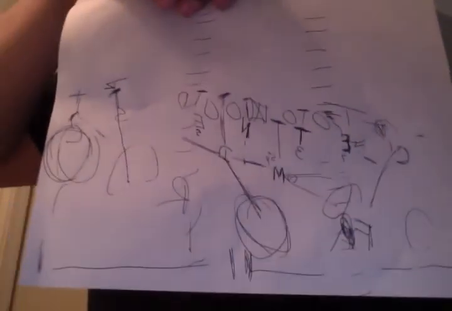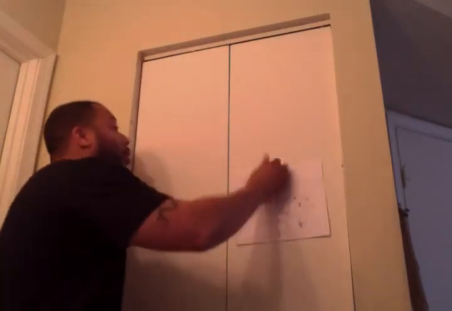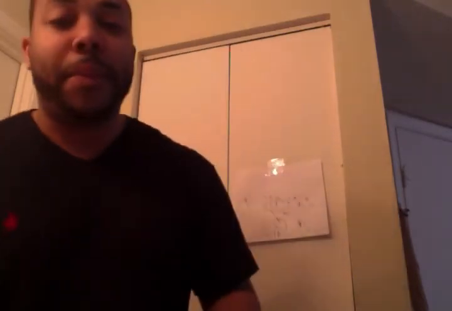We should be fundamentally sound football players, and we should be ready to go, ready to tackle, and get to the ball. Okay? So, that was just a crash course on the 4-2-5 defense, which is a nickel defense, which is mainly for pass. It's better on pass than it is on run.